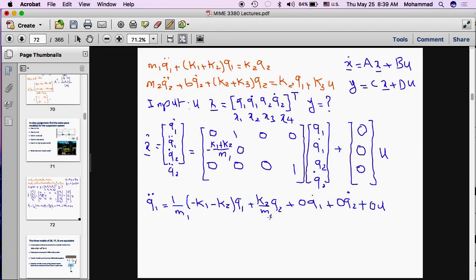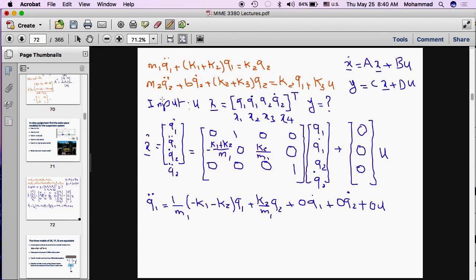Absolutely. So K2 divided by M1. And what is multiplied by Q2 dot? 0. So that's it. So we found the second row of matrix A as well as the second row of matrix B just by looking at and rewriting our differential equation.